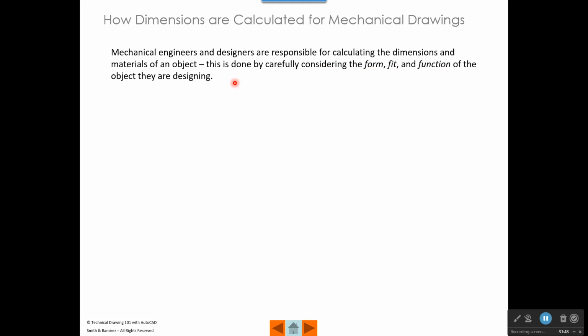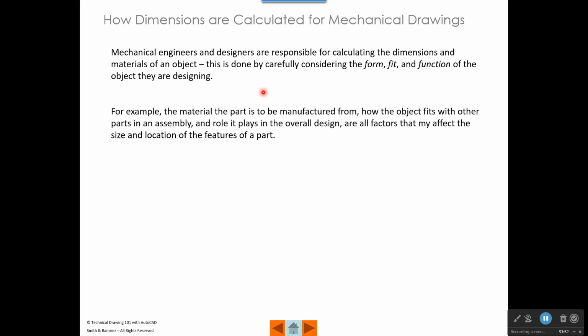And all that goes into their design. For example, the material a part is to be manufactured from, and how the object fits with other parts in assembly, and the role it plays in the overall design are all factors that may affect the overall size and location dimensions of a part.